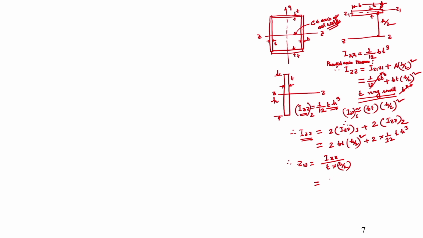So, here I am writing b times (h/2)^2 divided by t times h/2, plus 2 times 1/6 times t h cubed divided by t times the maximum perpendicular distance, which is h/2, that means y is here h/2. Okay. So, what are the things we are getting?